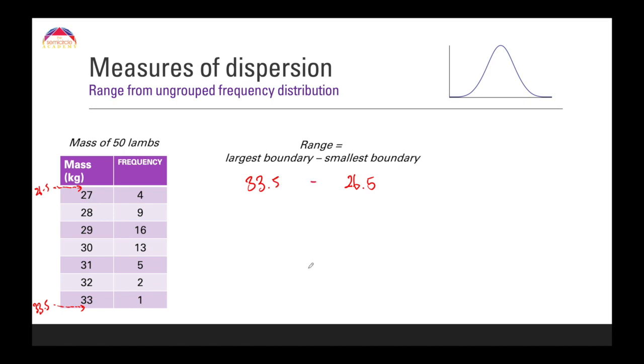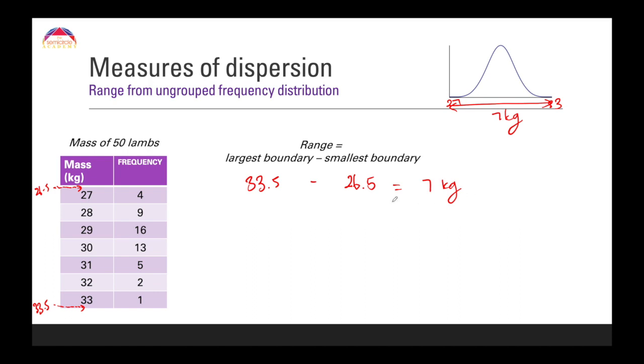So I have here the range being 33.5 minus 26.5, and that is 7 kilograms. So on my frequency curve, this range is spanning 7 kilograms. You will notice that it doesn't start at 0. It starts at the 27 here, and it finishes at the 33 here.